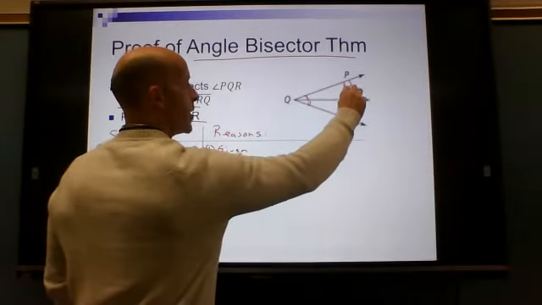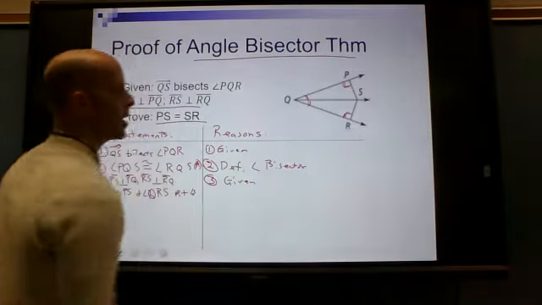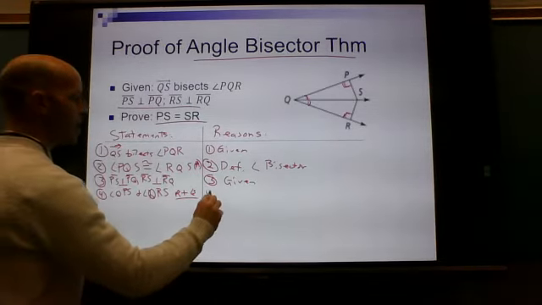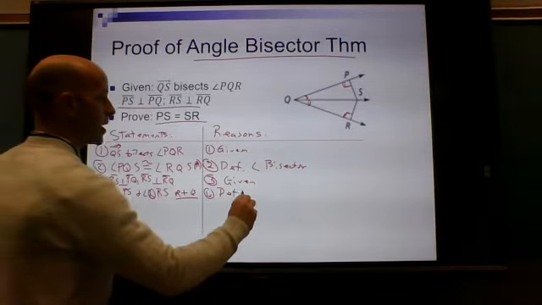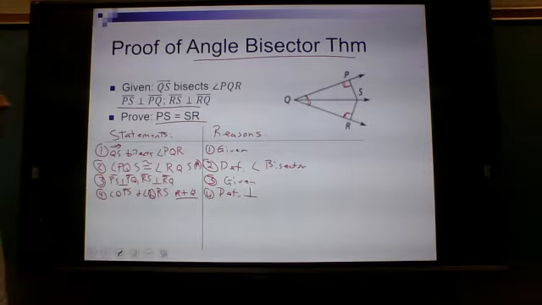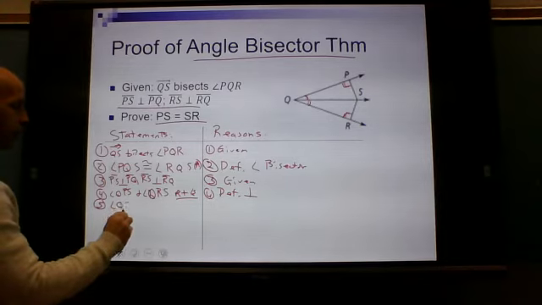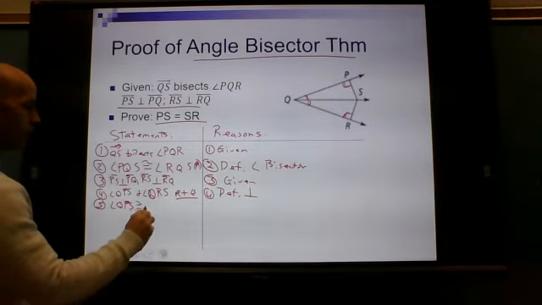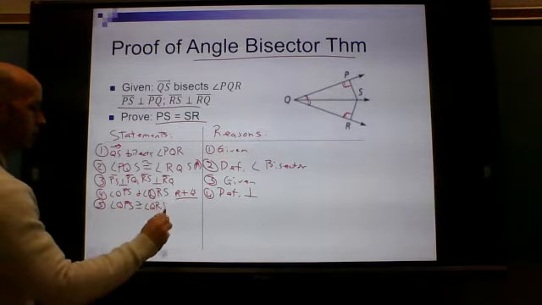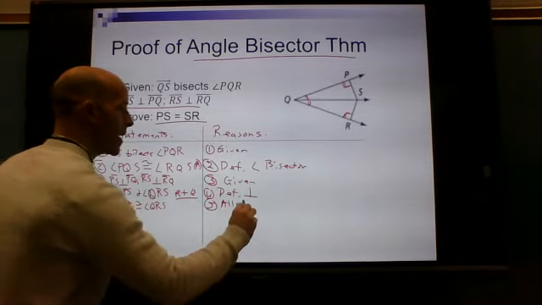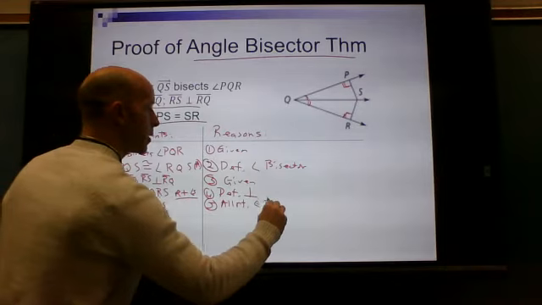If this is perpendicular here and this is perpendicular here, then those angles are what we call right angles, and that's by the definition of perpendicular. And by the way, if they are right angles, that means that they are congruent. And that's because all right angles are congruent.